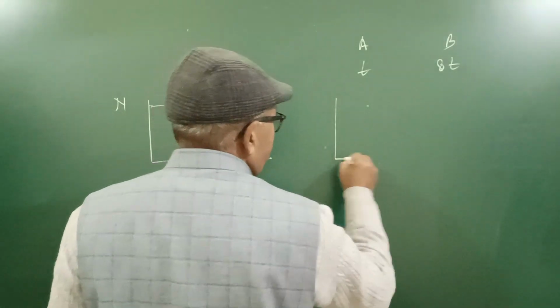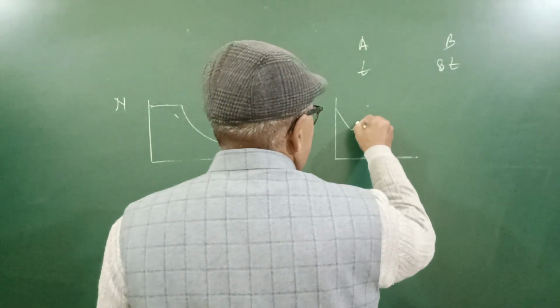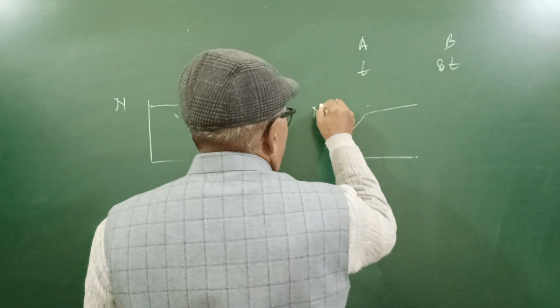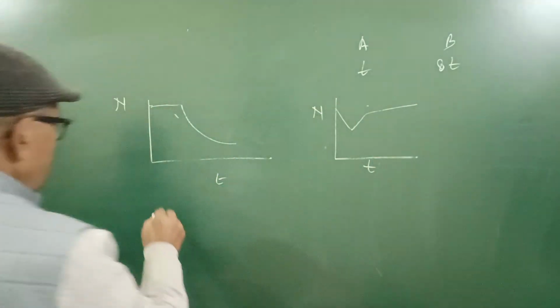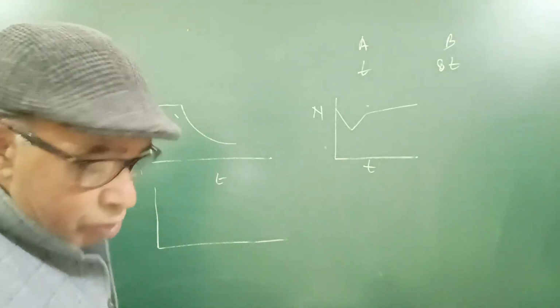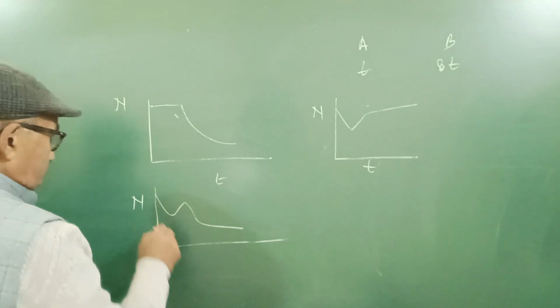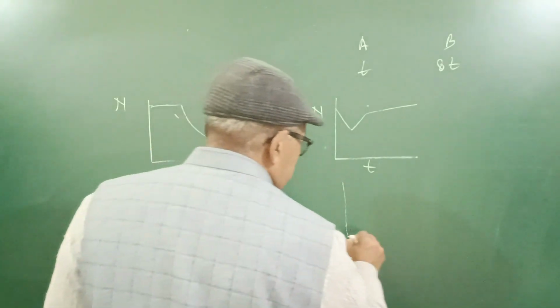B graph is like this, C graph is like this, and D is like this.